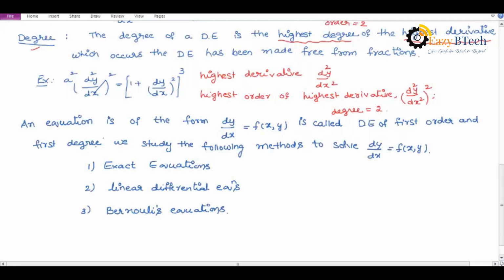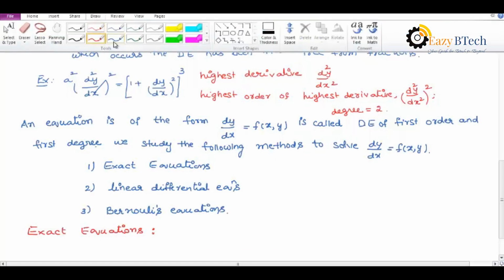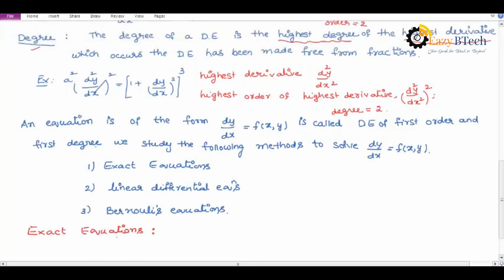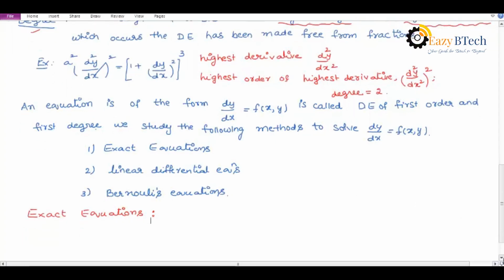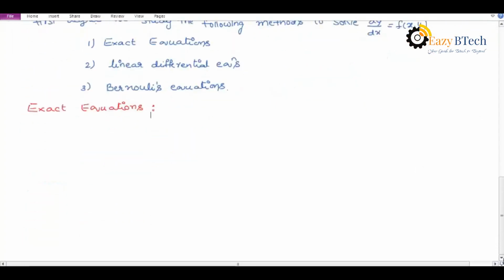So at first, about exact equations. What is an exact equation and what is the solving procedure? First, the standard form of an exact equation, the solving procedure, and how to get the general solution of an exact equation.